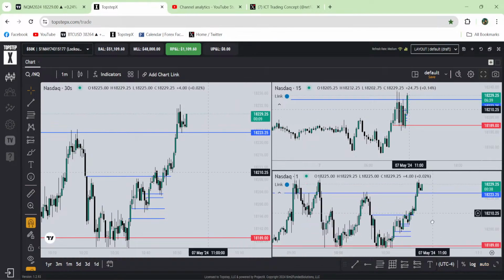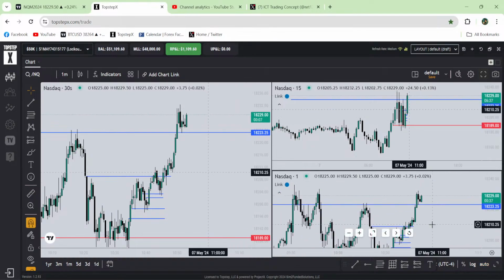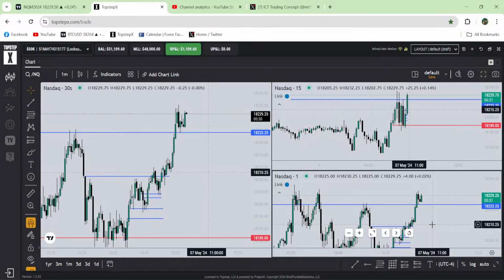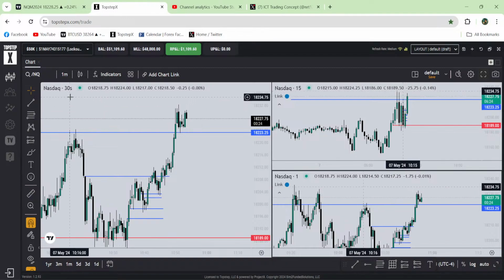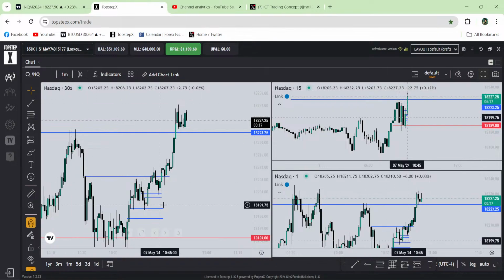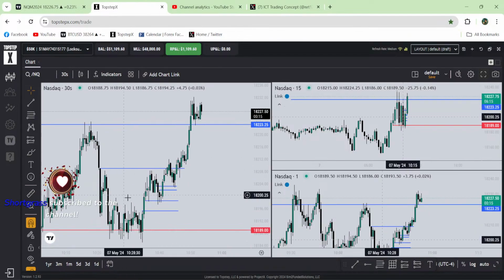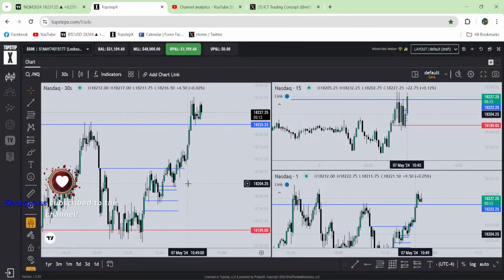I was wondering why ICT is trading through the 30-second chart, 15-second chart, and now I find out why. What is the reason? Because I can see 1,000 entry opportunities from the 30-second chart. Now just imagine how many entries ICT can see. Every single 15-minute candle I can see an entry opportunity.